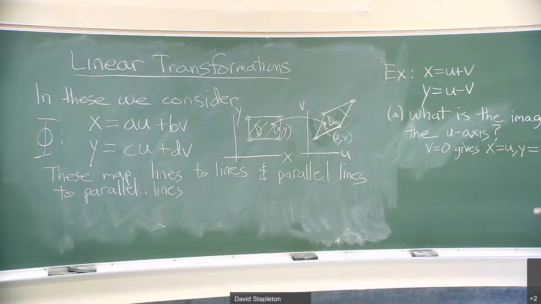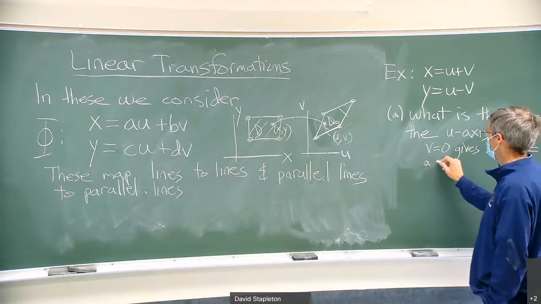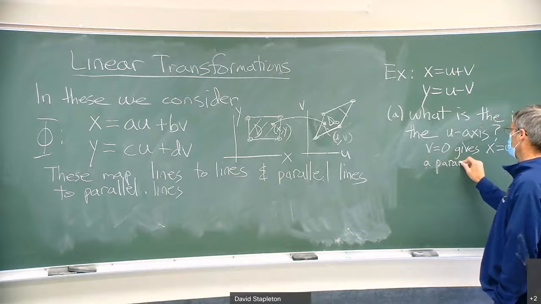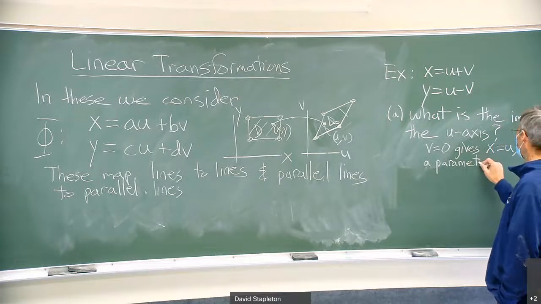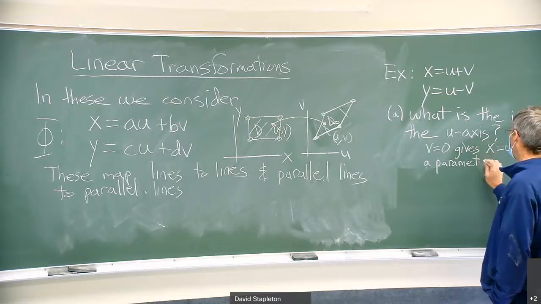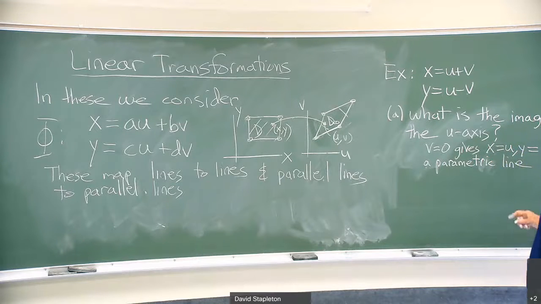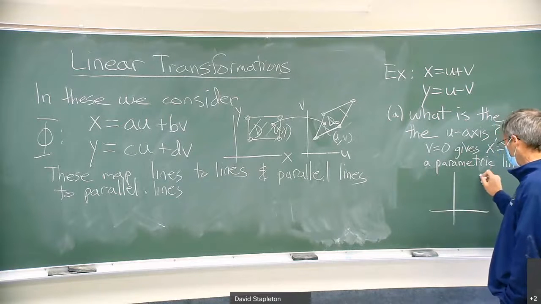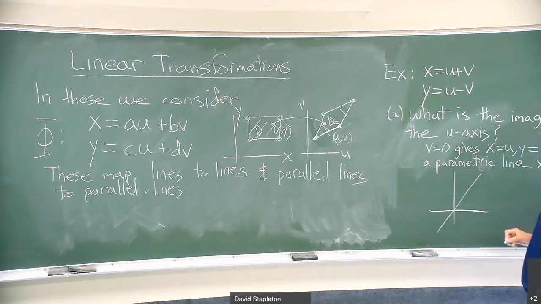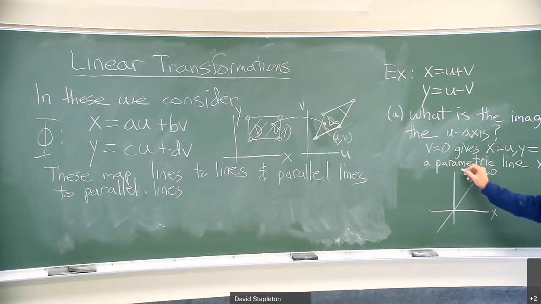What's that? That's a parametric line, right? x and y written as a function of one parameter, u. If you solve for x in terms of y, it's x equals y. So this is the u axis, v equals 0, mapped in xy space.